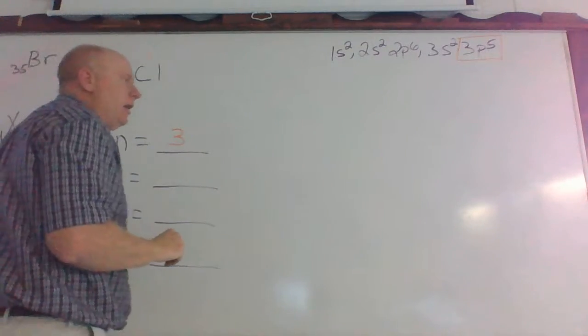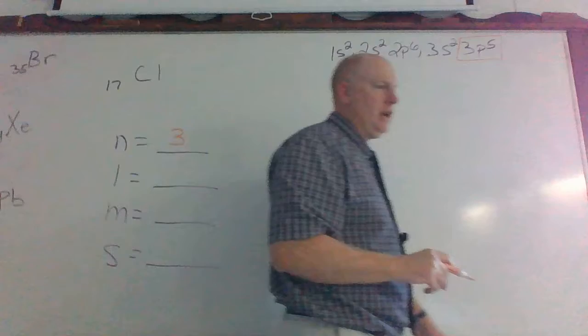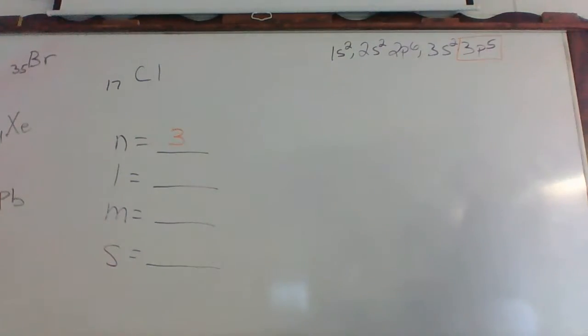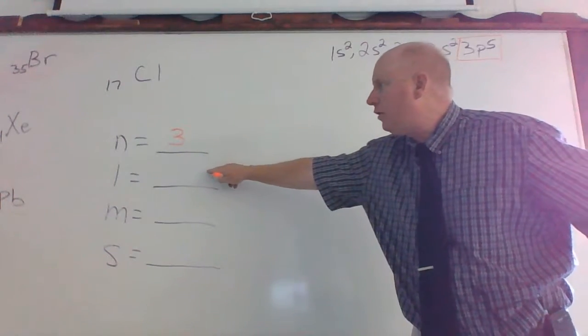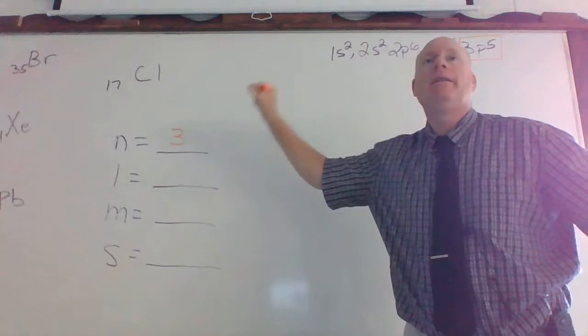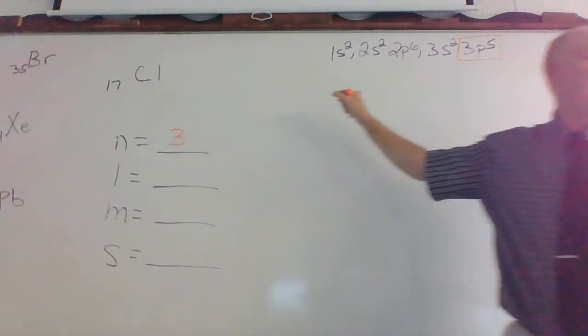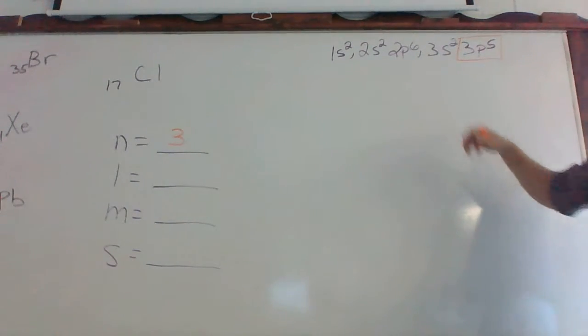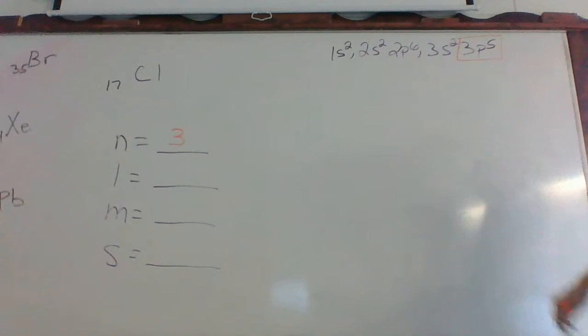Okay? Then, when we look at table 1 on page 108, it says orbital letter designation according to the values of L. So we need to find the value for L. The last electron fell in which one of those orbitals? S, P, D, or F?